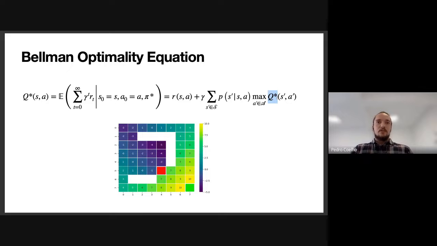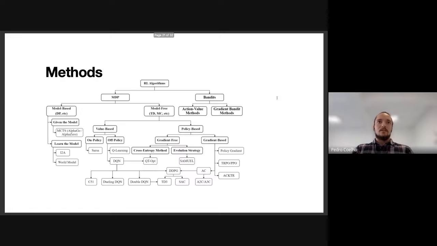So enough theory for the moment. So let's take a look at the few methods that we have in reinforcement learning. Basically, what we've been exploring until now are Markov decision processes.